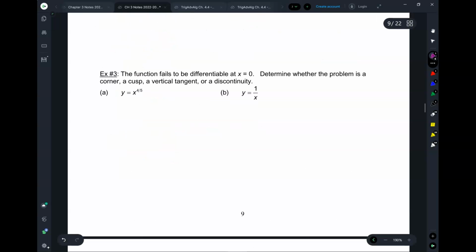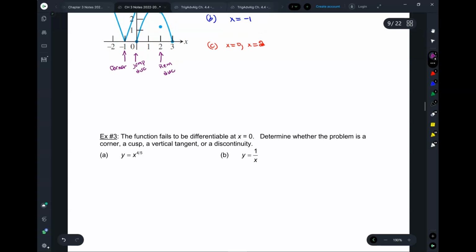All right. So, look at this one. You are told the function fails to be differentiable at x equals 0. You already know that it's not differentiable at x equals 0. We just have to figure out why.